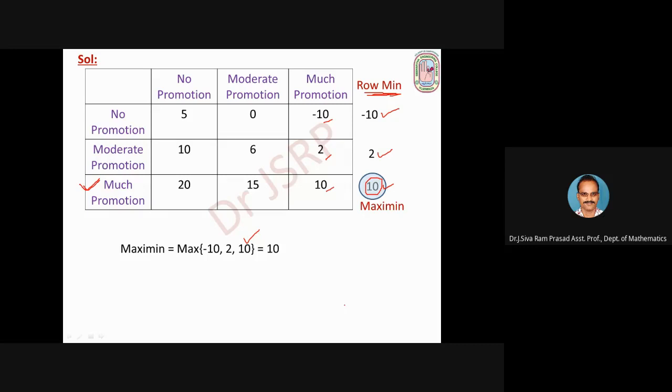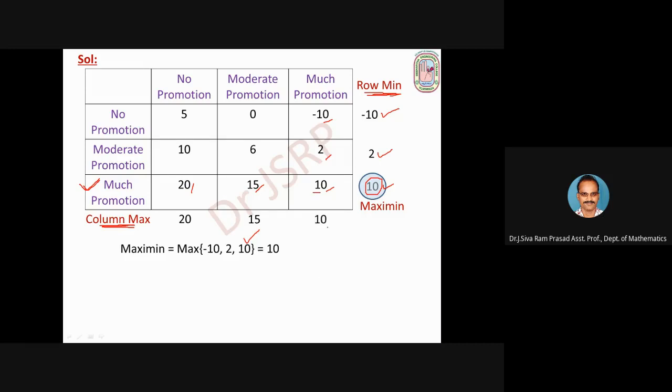So the minimax principle is for player B, that is firm B. What is minimax? Player B tries to minimize his maximum losses. So that means we find column maximas. Right here, column maximas. The first column maxima is 20, the second column maxima is 15, the third column maxima is 10.